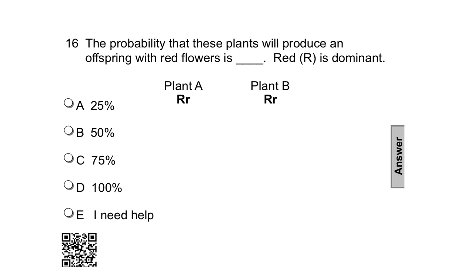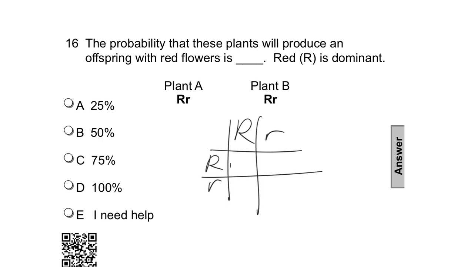Okay, so this one I should know by now. It's a 3 to 1 ratio, 75%, 25%. But let's just keep on doing it. Okay, the probability these plants will produce offspring with red flowers. Remember, big R is dominant.